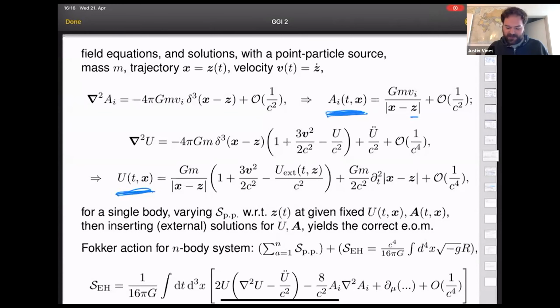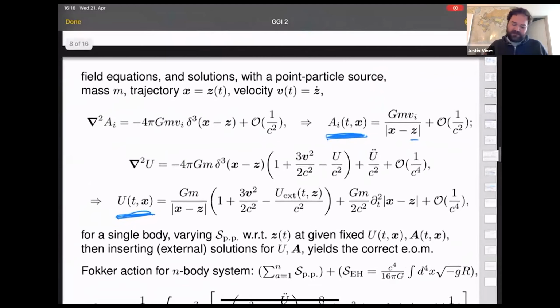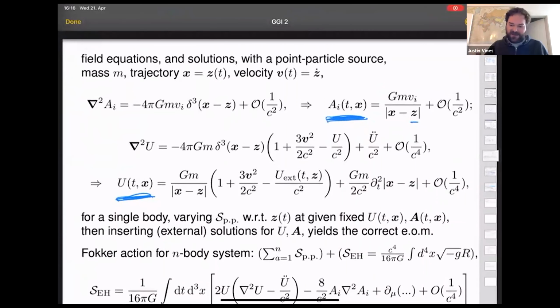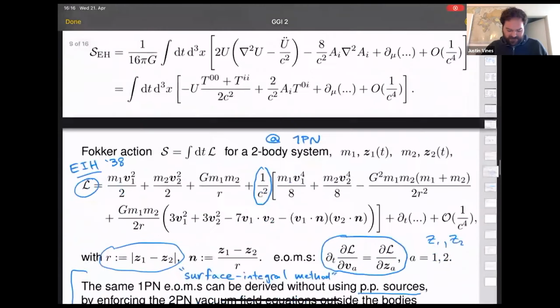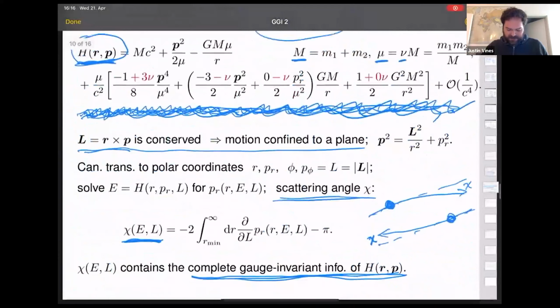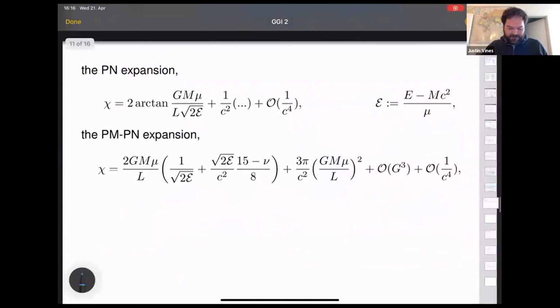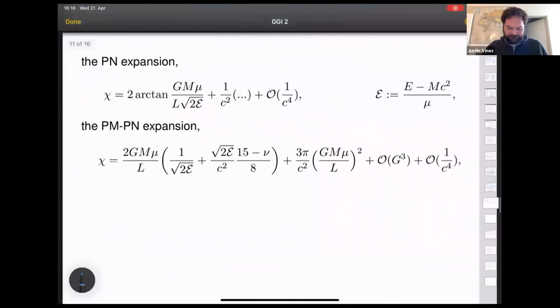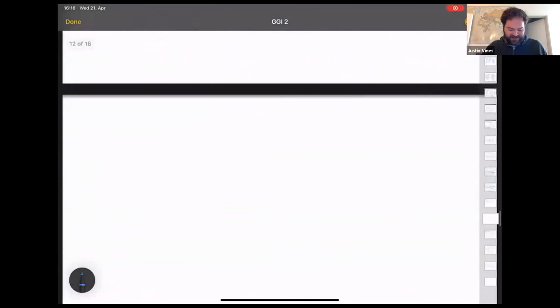These tell us the metric, albeit in a gauge dependent way, everywhere in, at least, this near zone. That's an important point. I might come back to that if there's time.